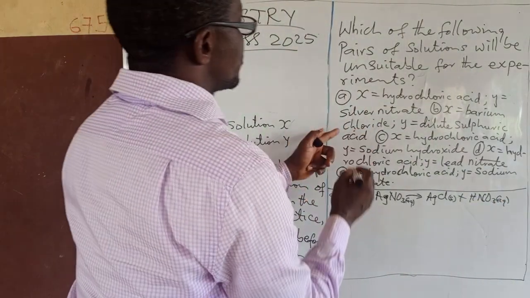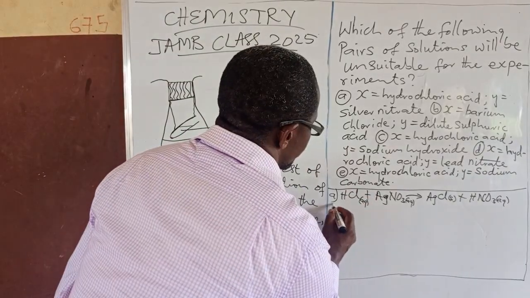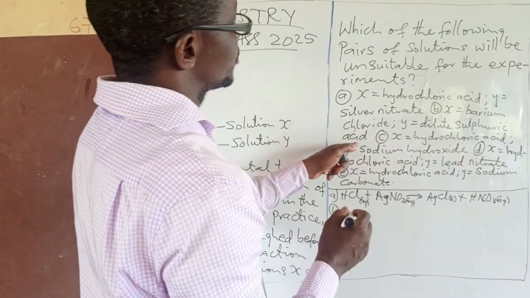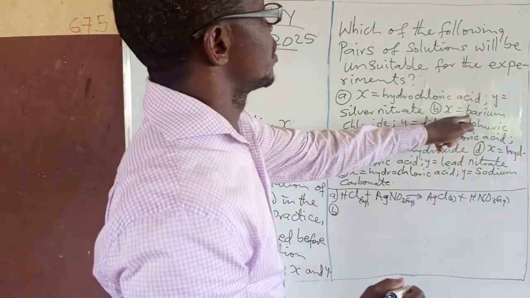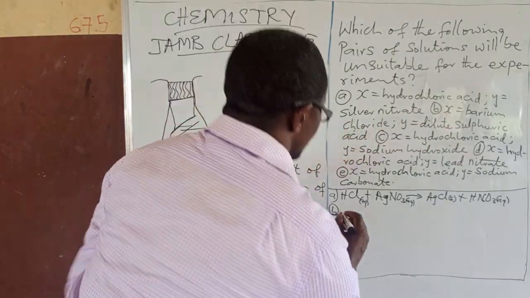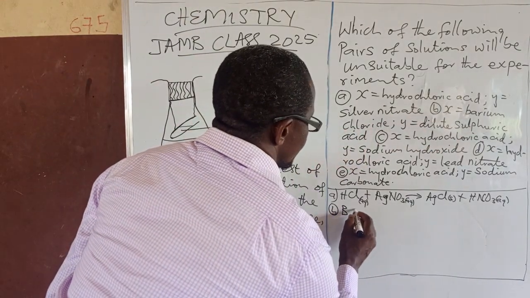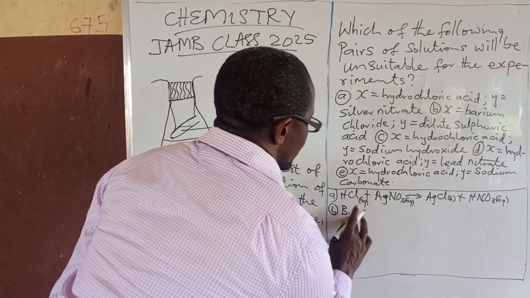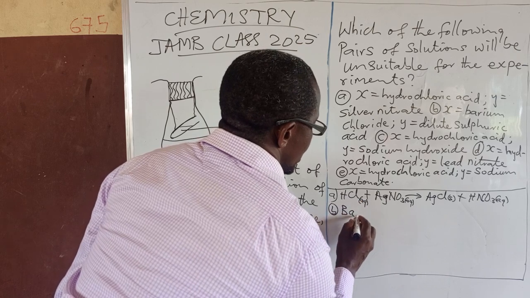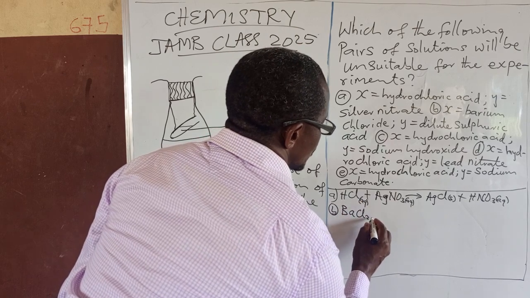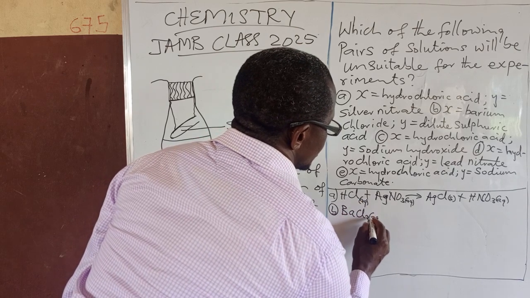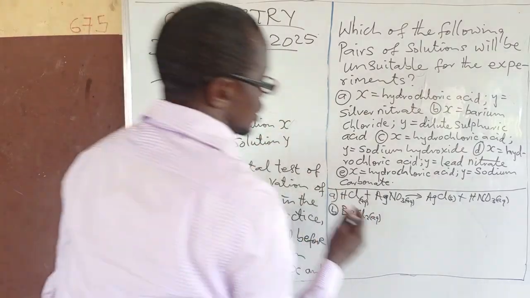Now, let's go for B. Let's see B. What will happen? Barium chloride, BaCl2. Solution, since they told us solution here.